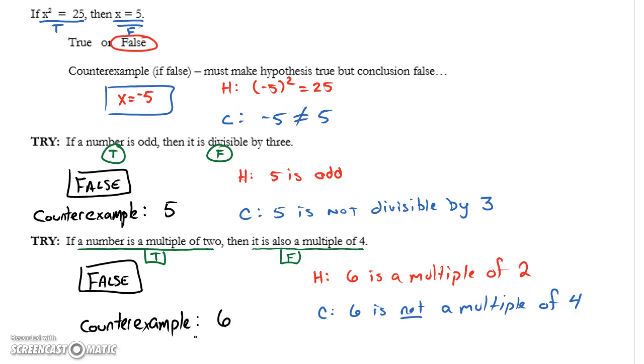Again, I could have used other counterexamples. I could have used 10. I could have used 14. Lots of different counterexamples. Keep in mind, in this case, all counterexamples have to make your conditional true. It has to be true on your conditional, but then false for your conclusion or your conjecture.